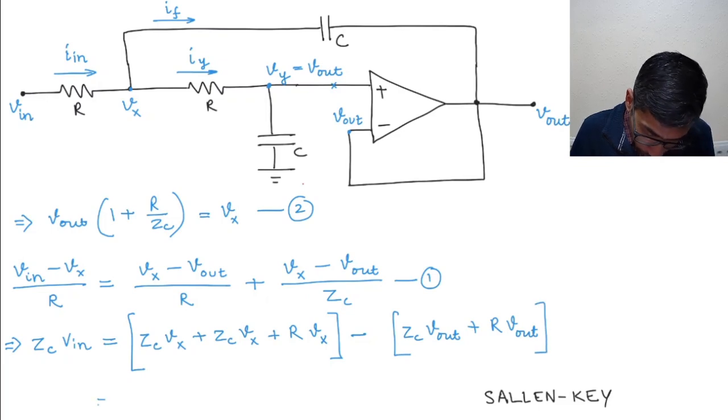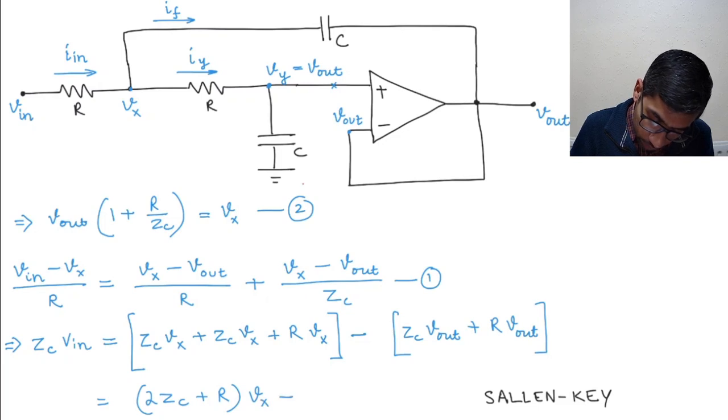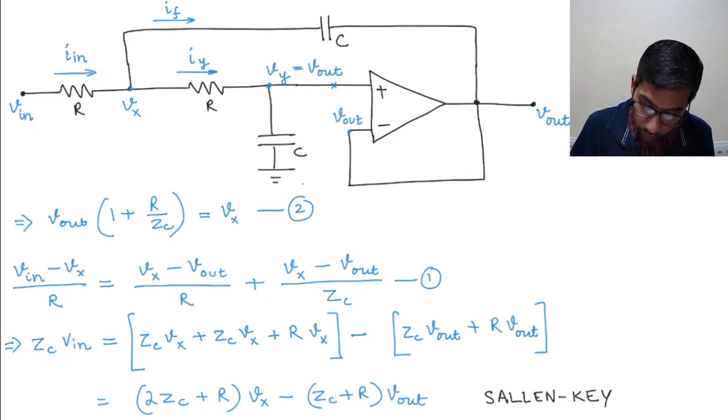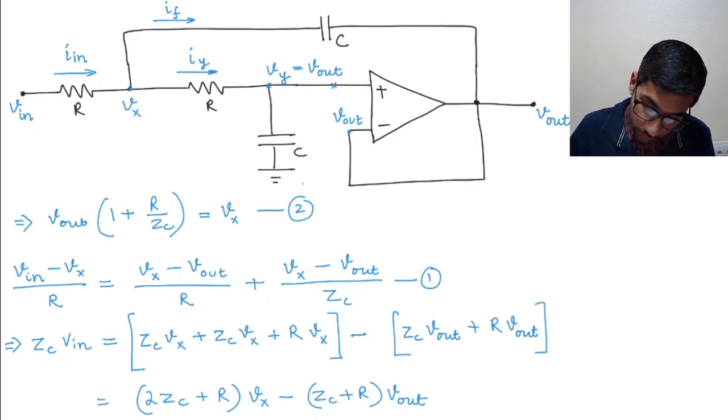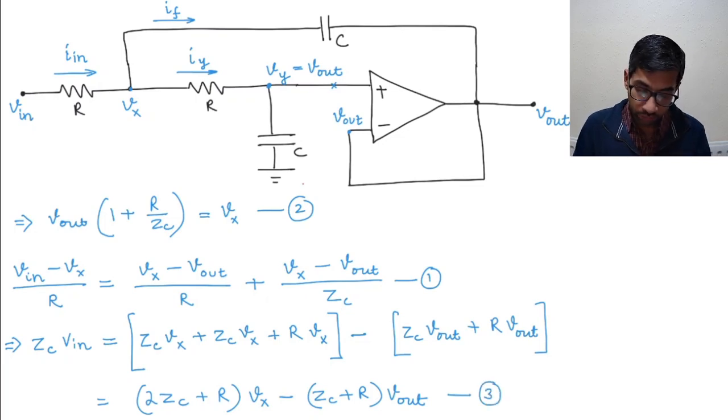And if you just pull the terms together, what you get is twice Zc plus R Vx minus Zc plus R V out. Okay, so now that we have this equation, and let's call this equation 3, what we want to do is we want to substitute for Vx from equation 2, and let me do that in the next slide.